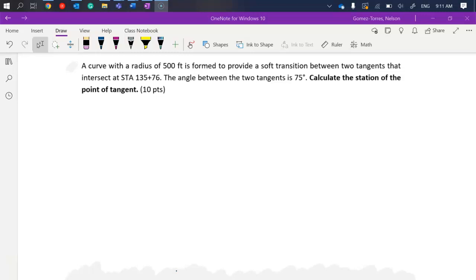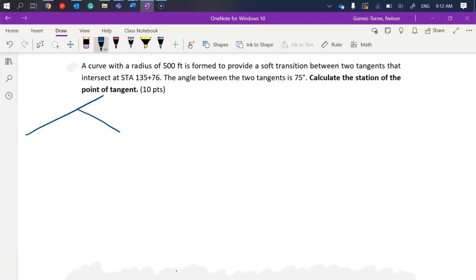So, as we always try to do, let's first draw the information that's provided to us. Right now, we don't have the bearings of the tangents. The only information that we really have about the tangents is that the angle between them is 75 degrees. I'm gonna draw it this way just because it's easier for me to see.